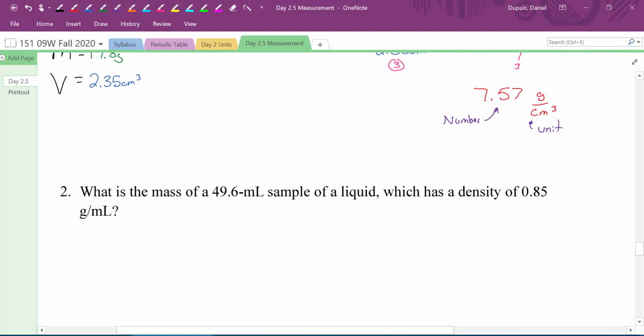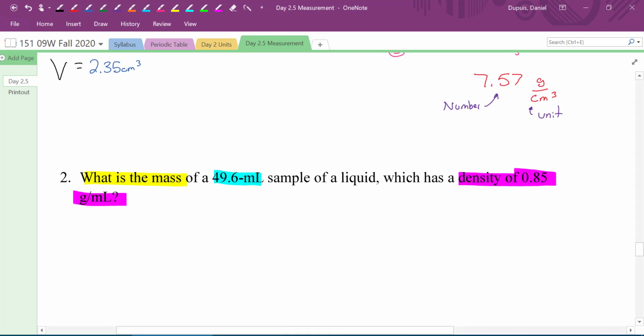Number 2, what's the mass? So there's your question. What is the mass? We have a 49.6 milliliter sample of a liquid, which has a density of 0.85 grams per milliliter. There are two ways you can do this.